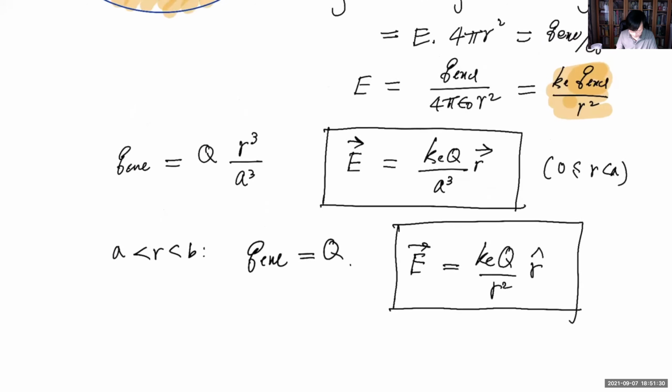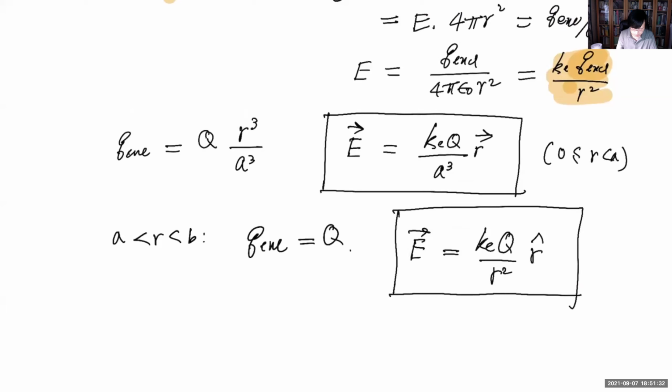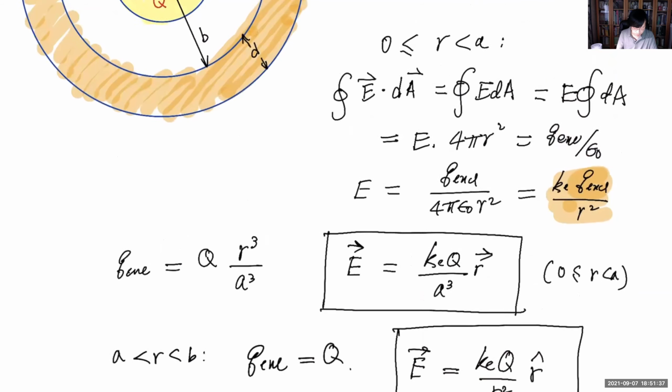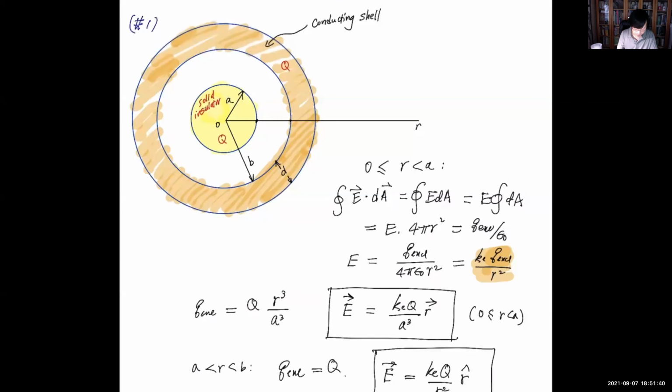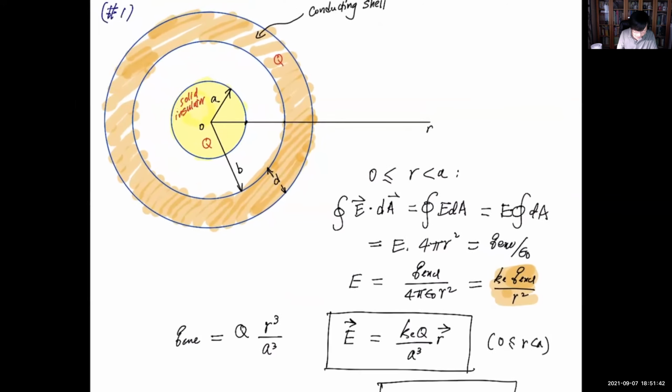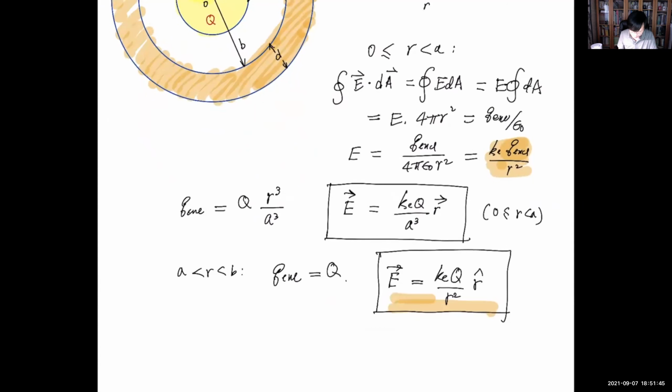Now let me ask you, will this expression change if the sphere in the middle is a conductor instead of an insulator? Does that change this answer? No, it doesn't, because you still have the same symmetry. As long as you have spherical symmetry, I don't care whether they are uniformly distributed or only on a spherical shell.